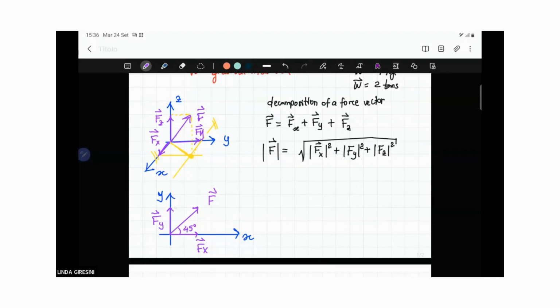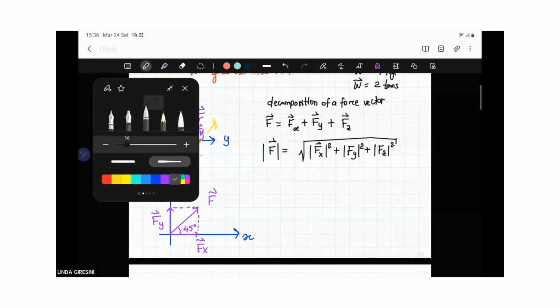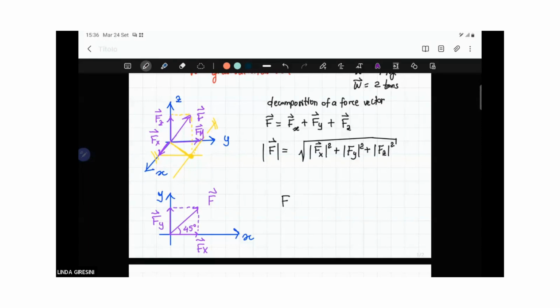I know that F is the resultant vector because this is the sum of the vectors. So I can write that F is equal to Fx plus Fy. This is the addition between vectors.